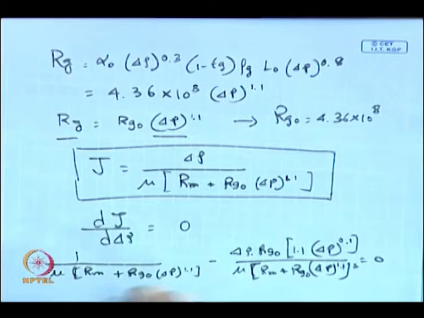So, just take the derivative with respect to delta p and put it equal to 0, and you will get some expression.